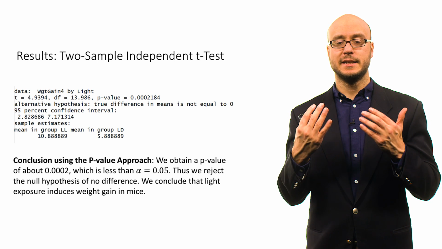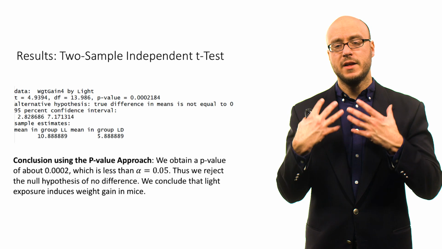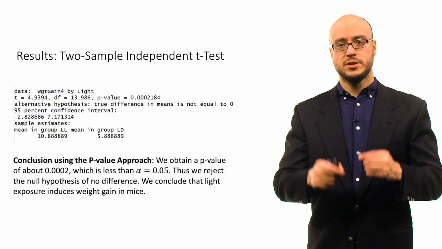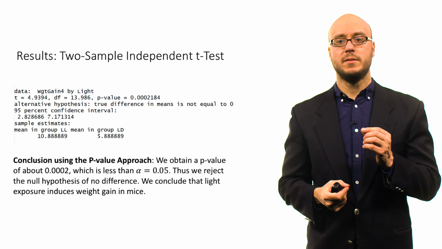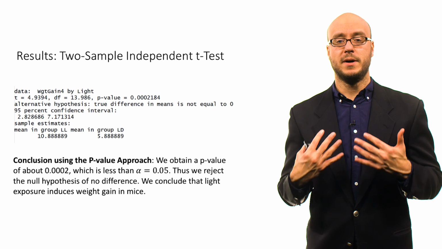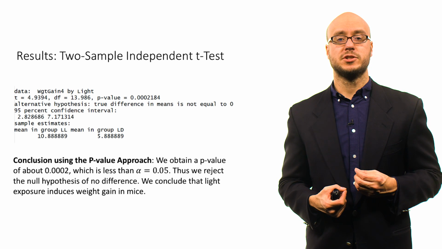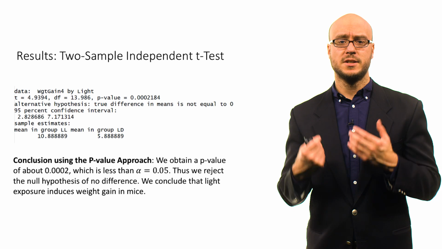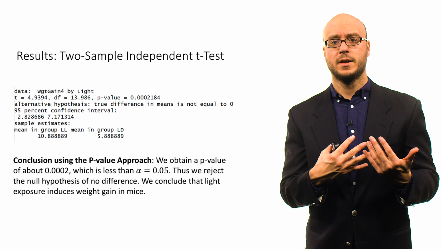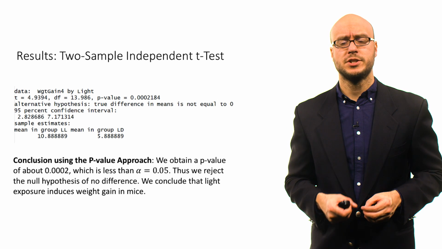It's a low p-value, and that's much lower than the benchmark of 0.05 that we're using by convention. So since that p-value is lower than 0.05, we reject the null hypothesis. The null hypothesis states that the difference of the two population means is 0. We reject that null, and that's equivalent to the conclusion that we would obtain through the critical values approach.